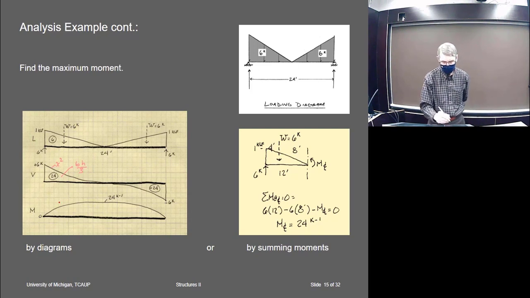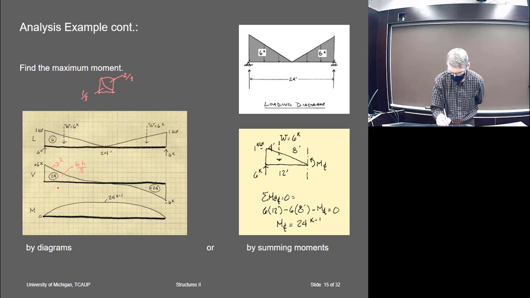I think this is, you might have to look this up, but I think if you take a parabola, that part is 2/3, and this part is 1/3 on a parabola. So let's see if that's right. 6 times 12 divided by 3 would be 2 times 12 is 24. Okay, so that looks right.